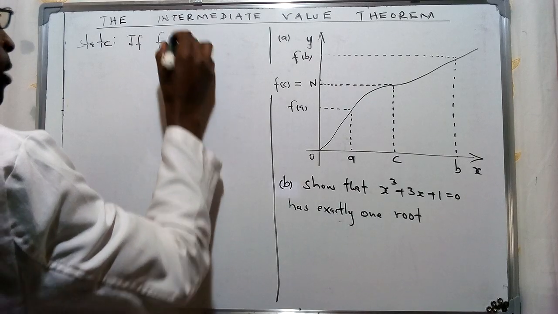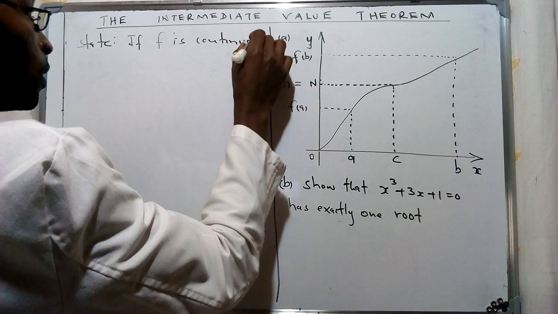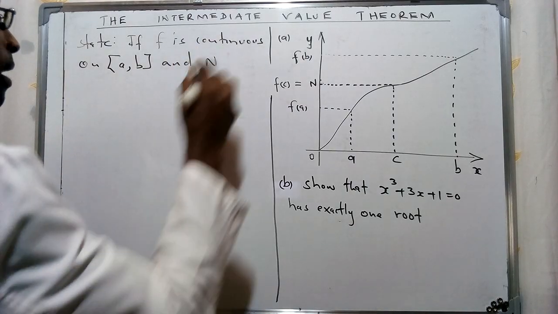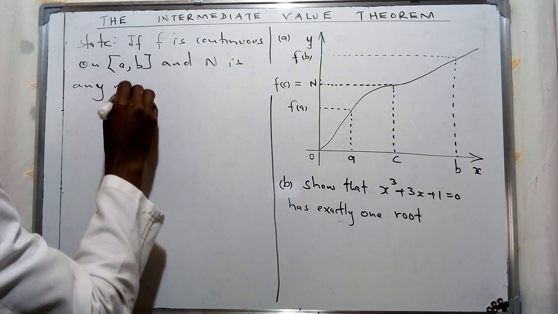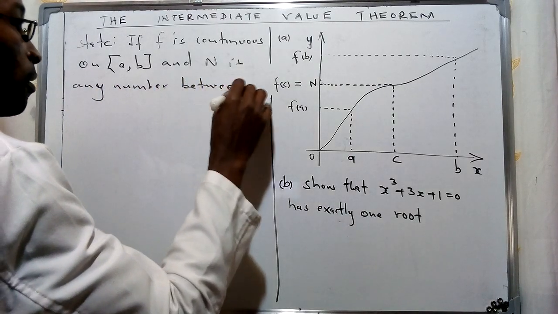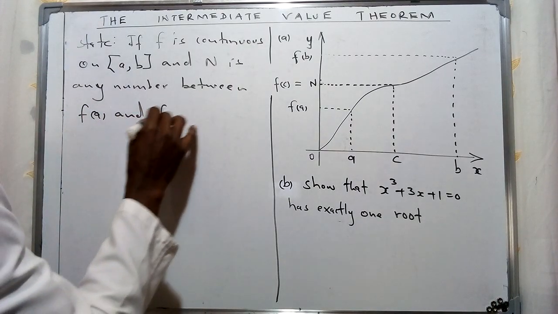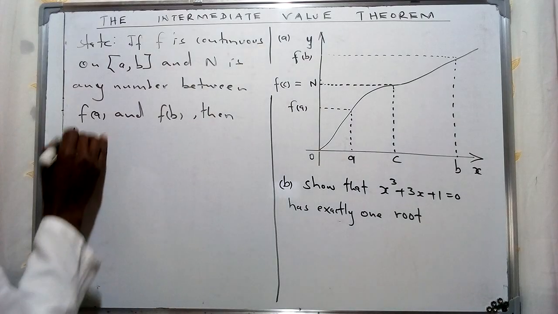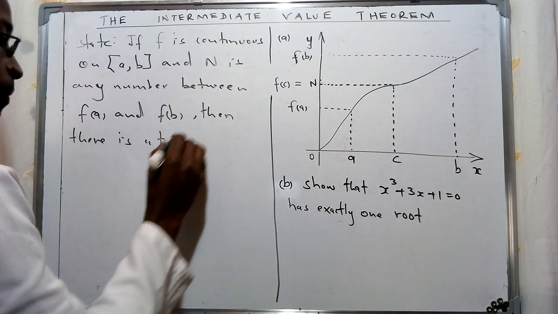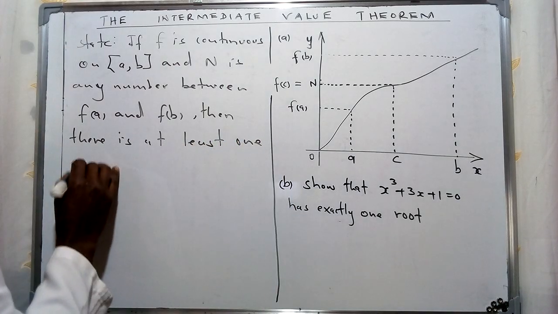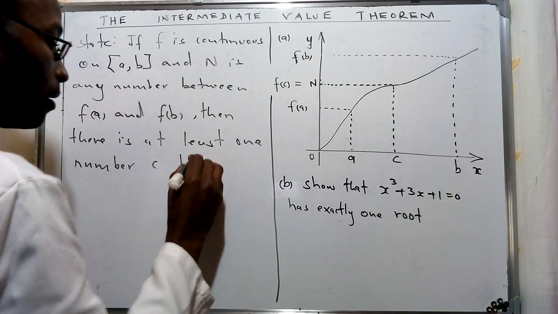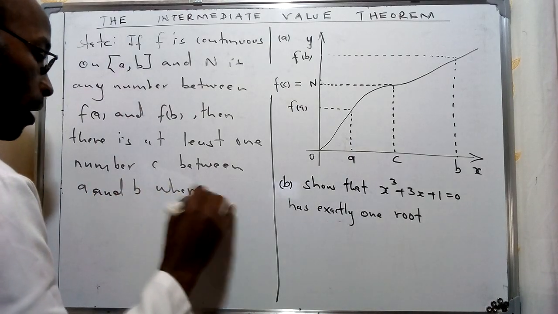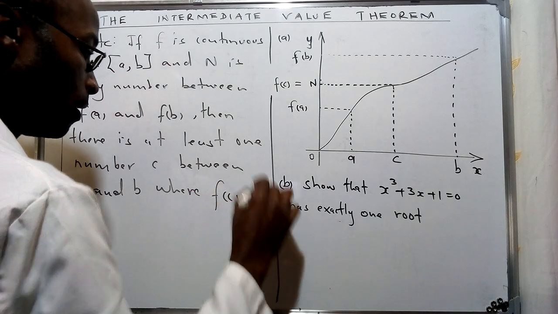So if f is a function that is continuous on the closed interval from a to b, and N is a number between f of a and f of b, then there is at least one number c between a and b, where f of c is equivalent to N.